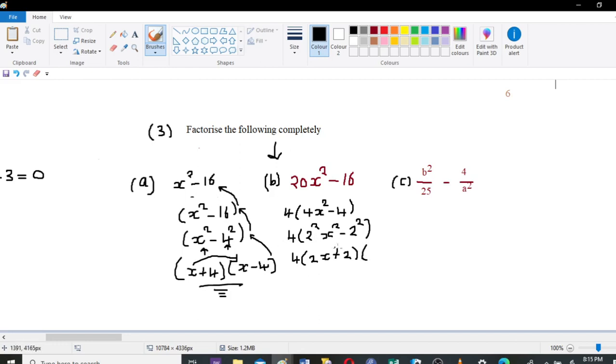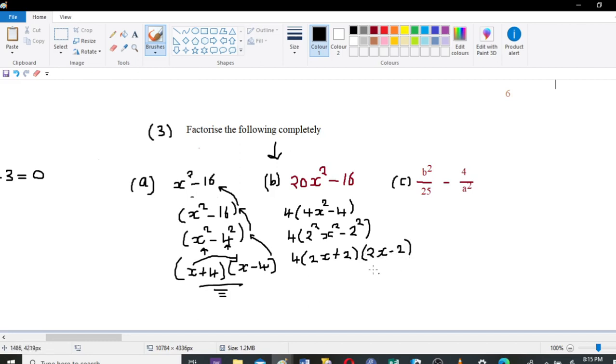Okay, you get the second bracket, which will carry a negative operand, which is 2x, minus 2, right? Yep, that's it.